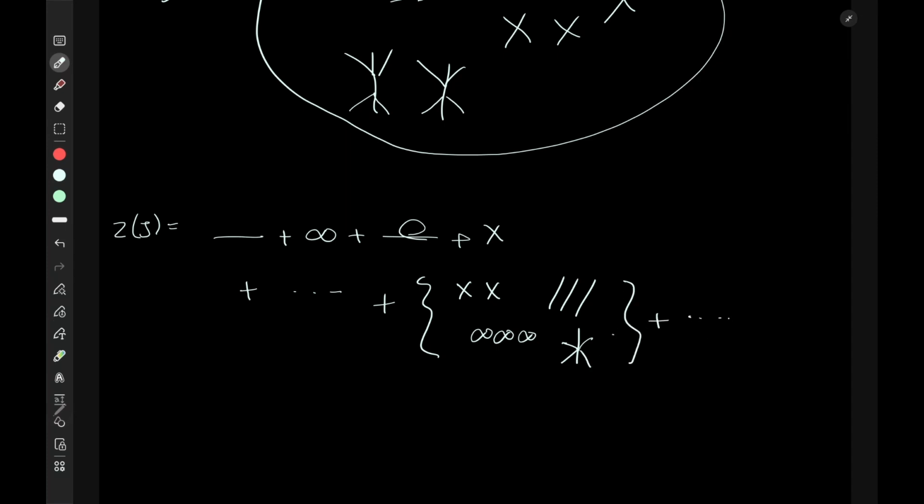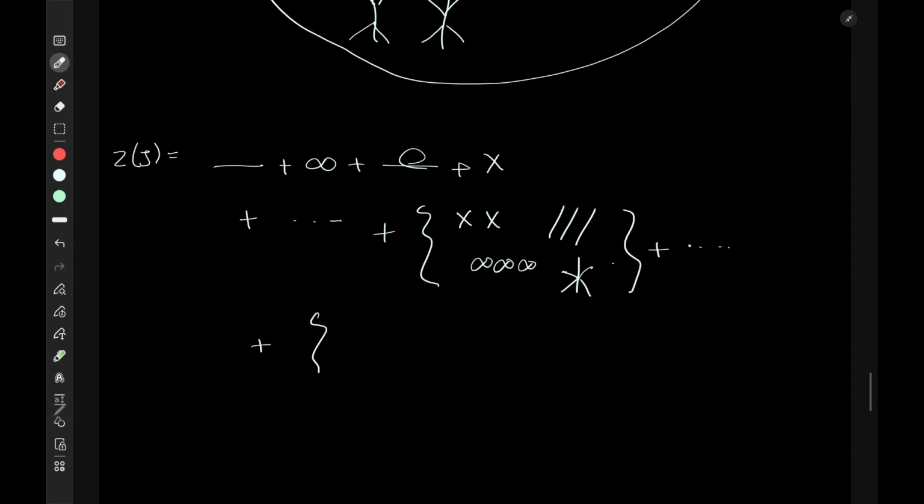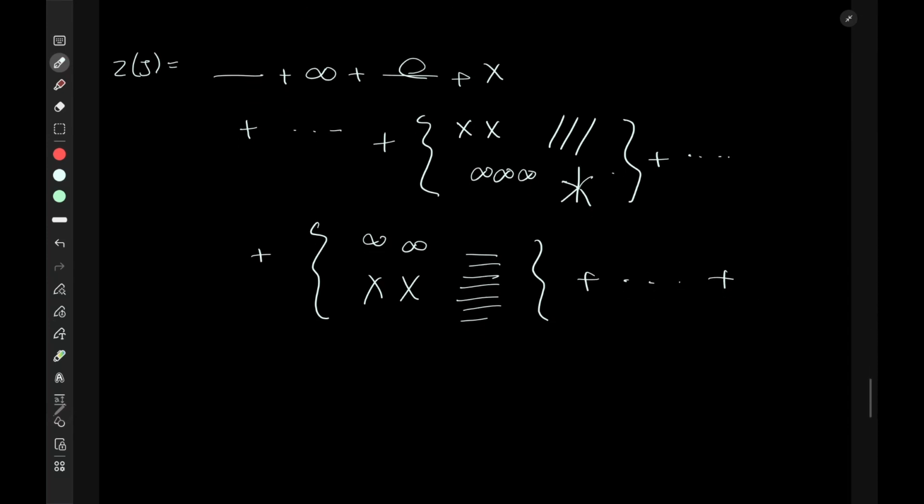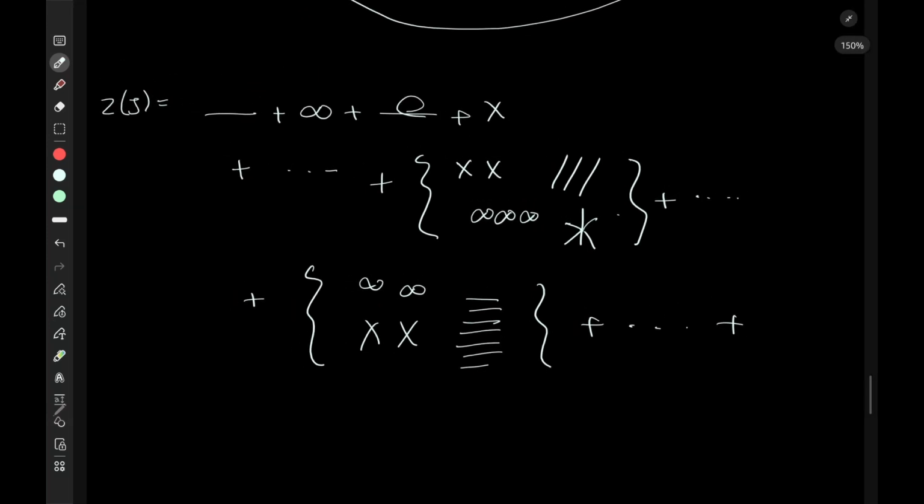Then there were other such diagrams, complicated ones. Then there was some other diagram, let's say there are 2 x's, 7 lines, and so on. In general, there can be complicated combinations.